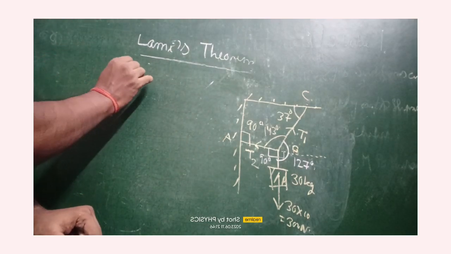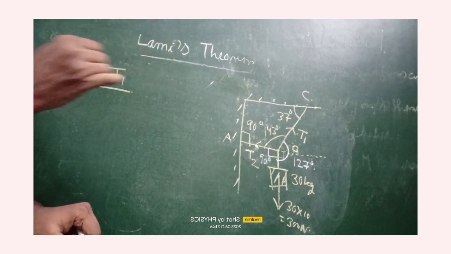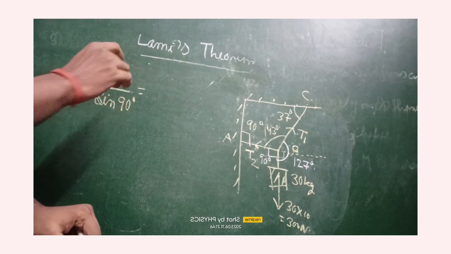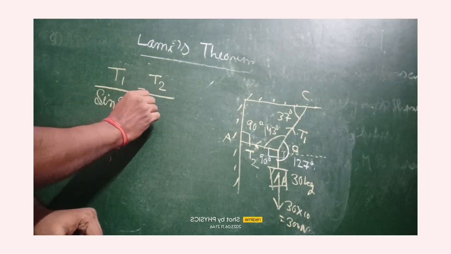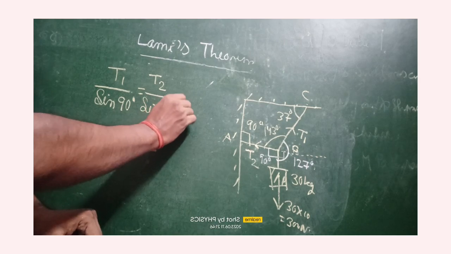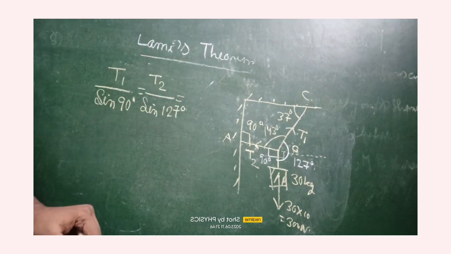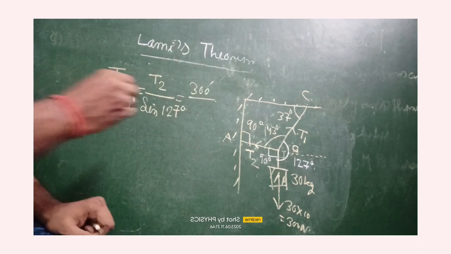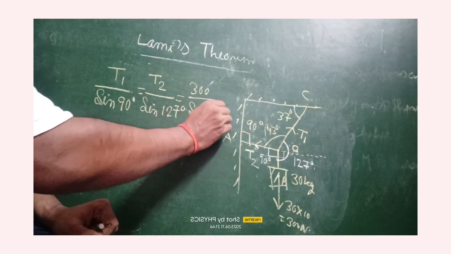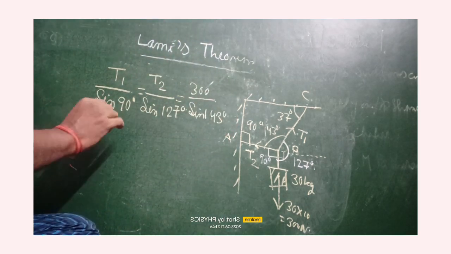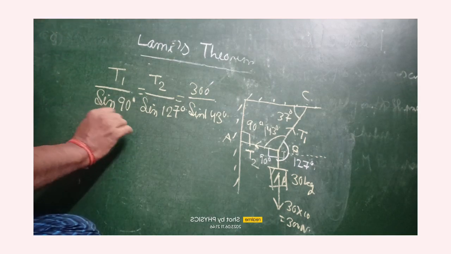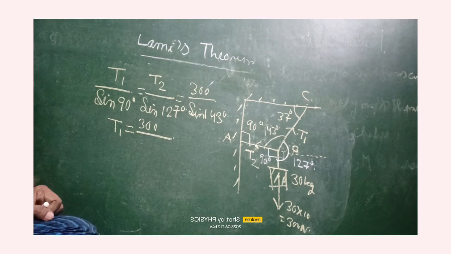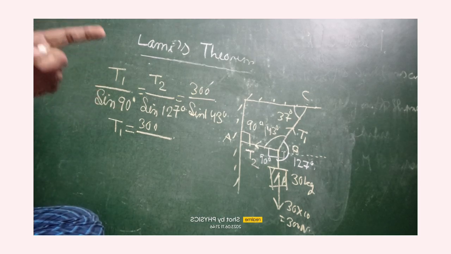Now applying Lami's theorem, we'll get T1 over sine 90 degrees, where the opposite angle is 90 degrees, equals T2 over sine of 127 degrees, equals mg, that is the weight 300 Newton, over sine of 143 degrees. Now sine 90 is 1, so T1 is equal to 300 over sine of 143 degrees.